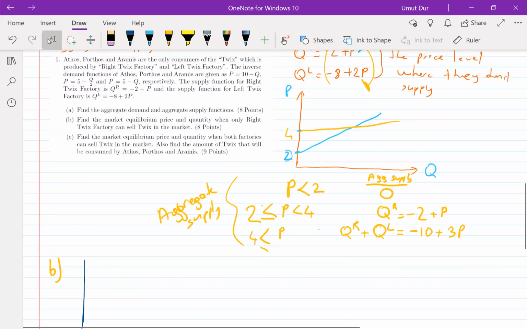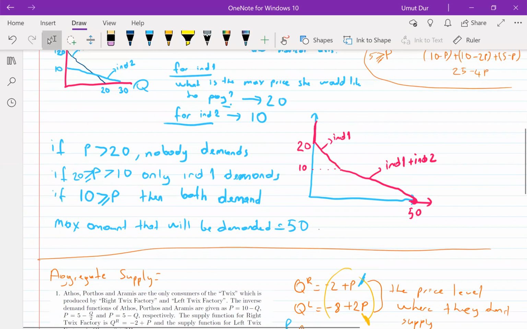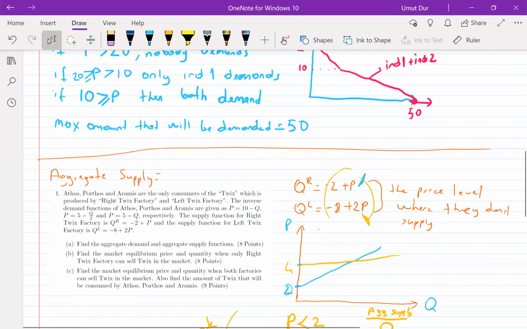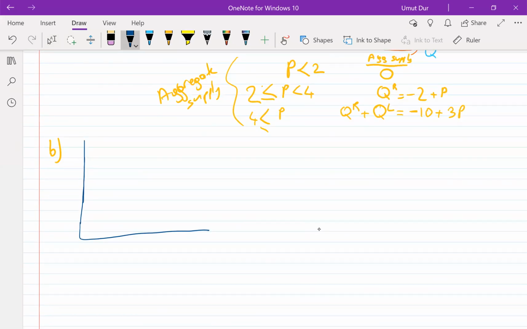So how was our aggregate demand curve here? It is starting from 20. Starting from 20, it comes to 10. Okay. It becomes flatter and it intersects 50.